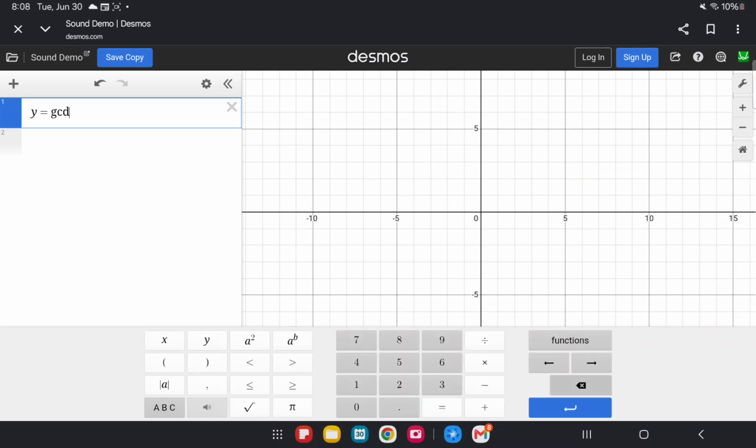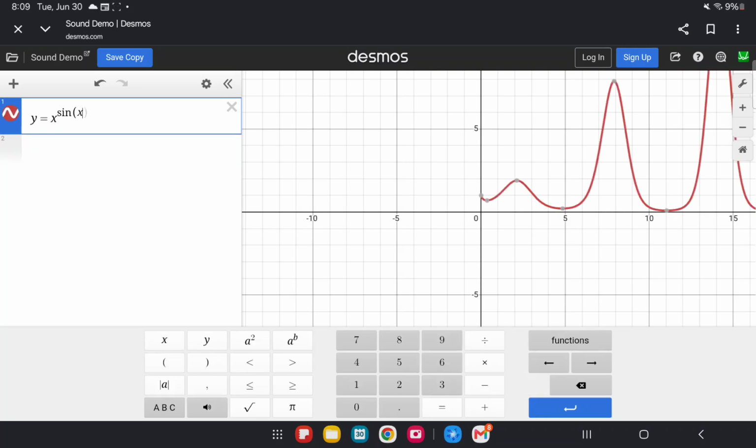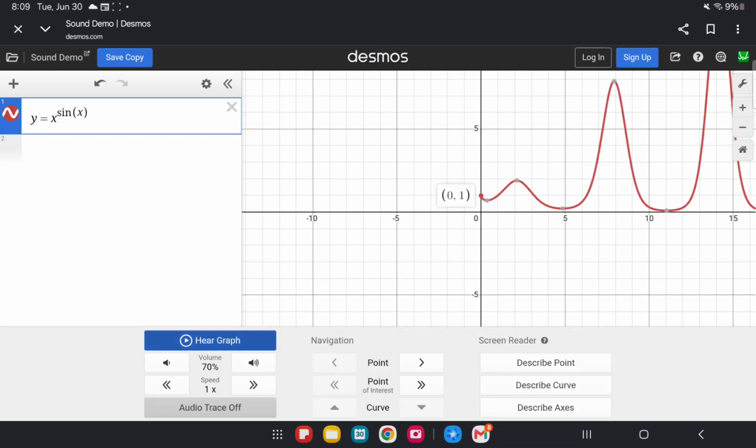Okay. Now let's graph the function y is equal to x to the power of sine of x. It's this function, y is equal to x to the power of sine of x.